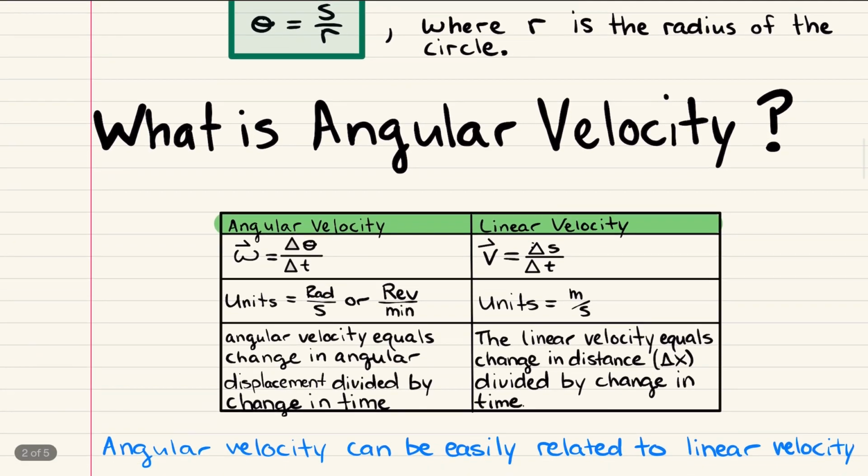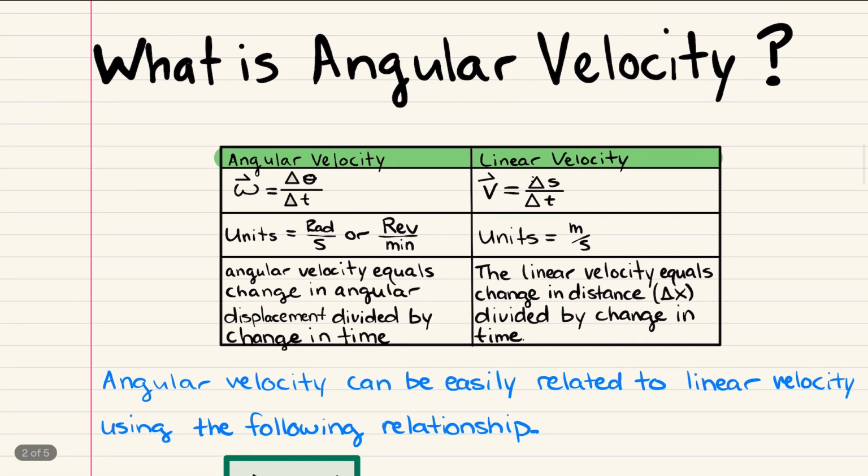All right, so let's start talking about what is angular velocity. Well, angular velocity, which we use as omega, is a vector. And just like how linear velocity was defined as change in physical displacement or change in linear displacement over change in time, we're also going to be using the same kind of relationship, just with change in angular displacement over change in time.